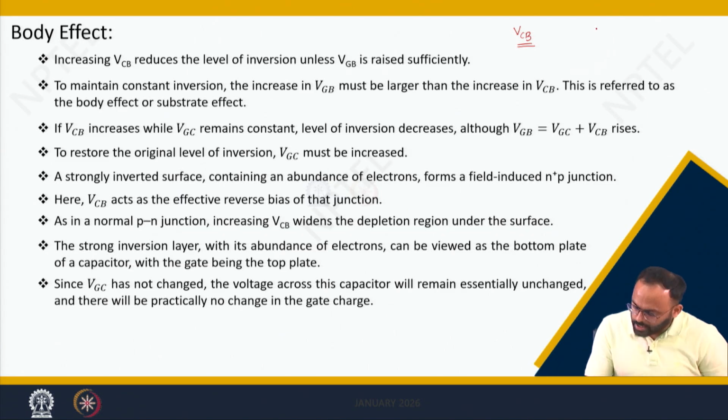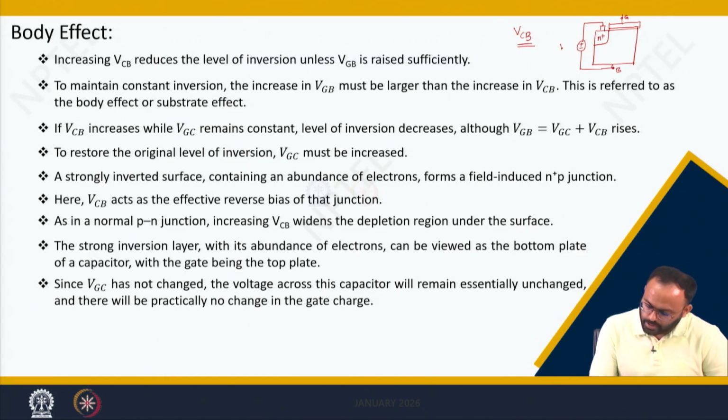Let me redraw that structure, which has N plus here, and the rest is the same as the two-terminal structure. So this is the gate, this is the body terminal, and this is VCB. Instead of applying the gate to body voltage, we are applying VGC.